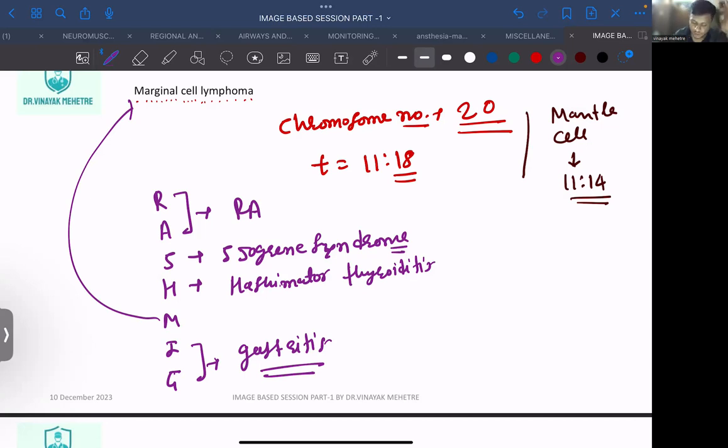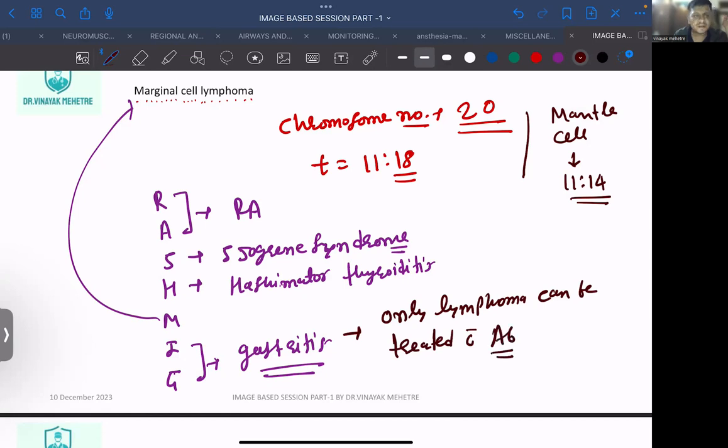So marginal cell lymphoma is the only lymphoma which can be treated with antibiotics. Okay, understood?